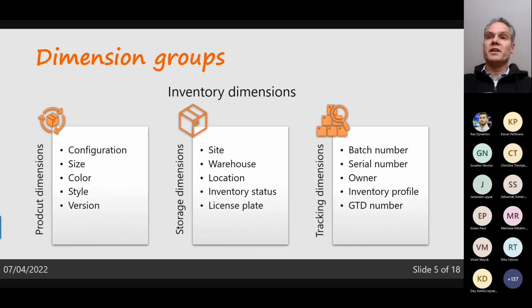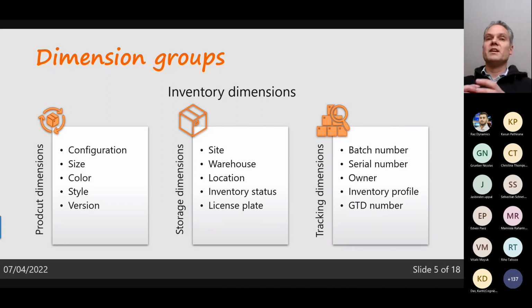Let's get more into the details about what variance, storing details, and traceability is available in the application. Microsoft divided the inventory dimensions into three different groupings. In earlier days, until Dynamics AX 2009, it was all called inventory dimensions. As of AX 2012, Microsoft made the grouping where they now talk about product-specific dimensions, storage dimensions, and tracking dimensions. For the product dimensions, there's an option for a configuration.